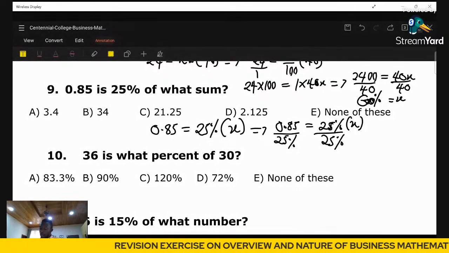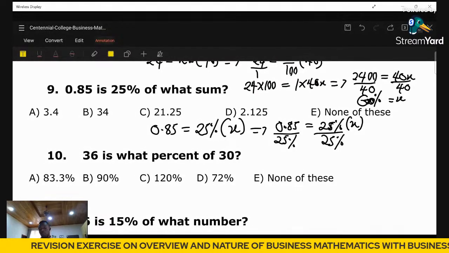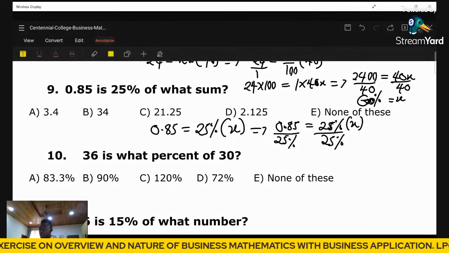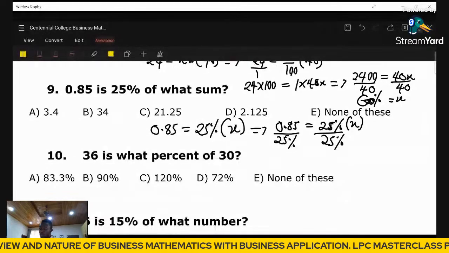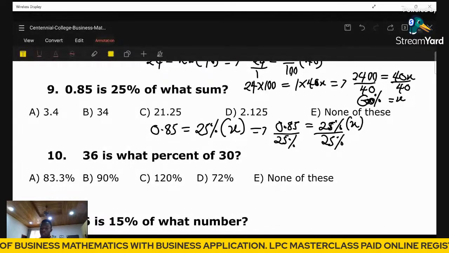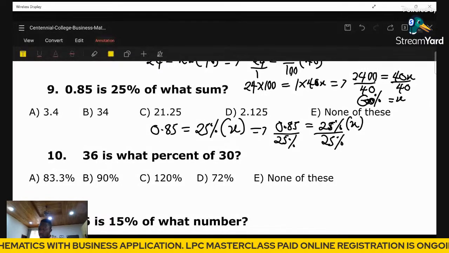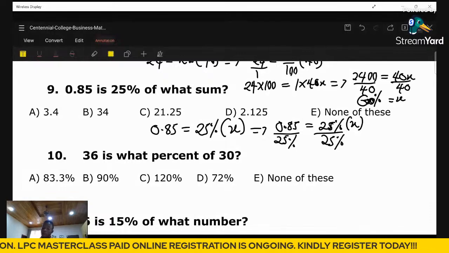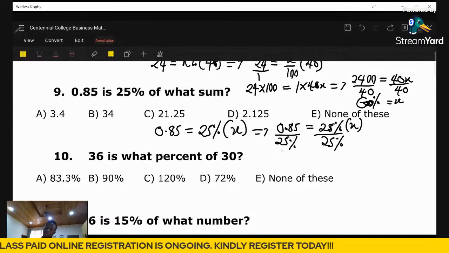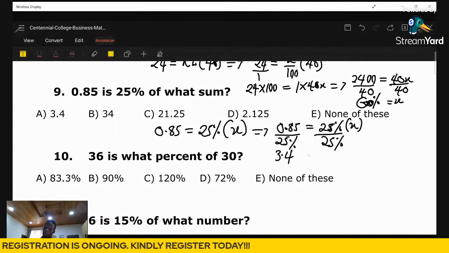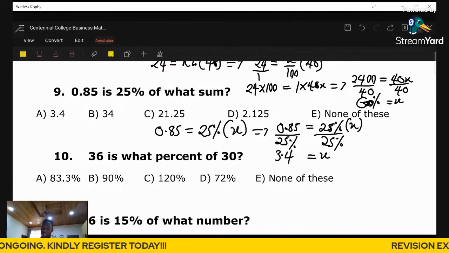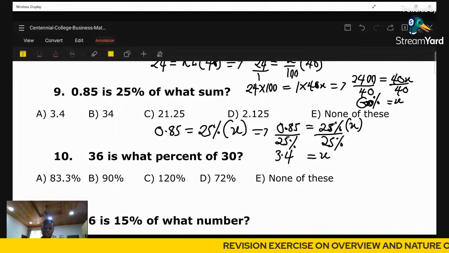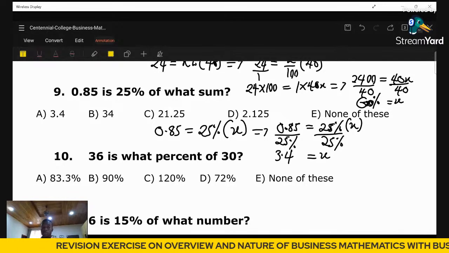In my case, when I divided 0.85 by 25%, I had X equal to 3.4. We can also confirm that: 25% of 3.4 gives 0.85. So 0.85 was actually a 25% application on 3.4.